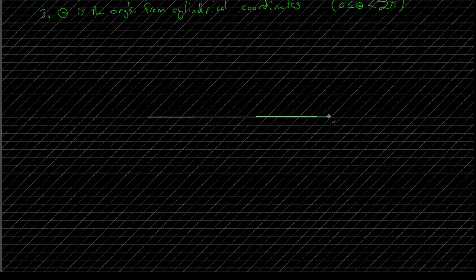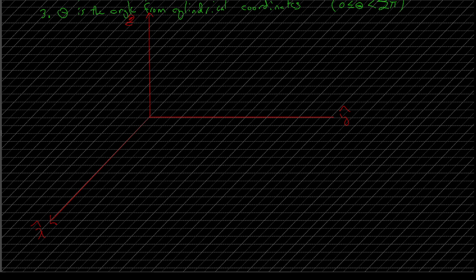All right, so here's the y-axis. There is the x-axis. And there's our friend, the z-axis. So there's z, there's y, and there's x.